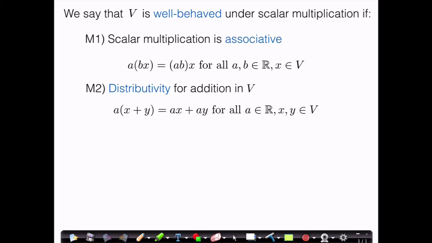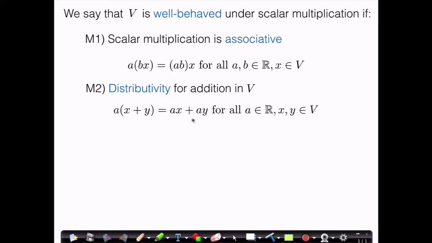We also want scalar multiplication to distribute over addition in V. So what that means is if we take any two elements of V, x and y, we add them together to obtain some new element in V, and then multiply that by the scalar a. That should be the same as if we first take x and multiply it by a, also take y and multiply it by a.